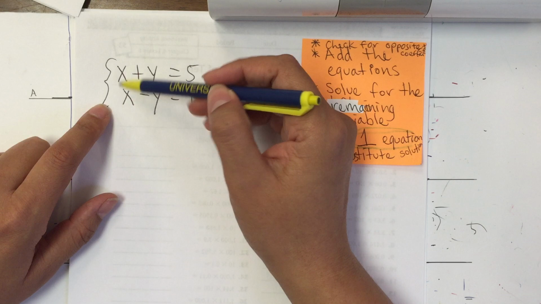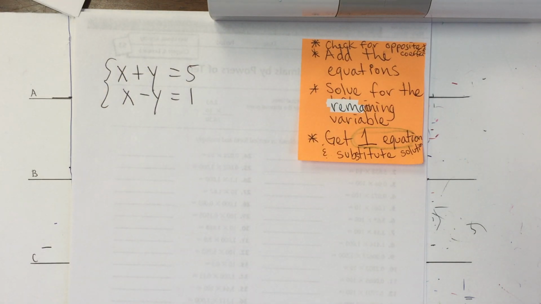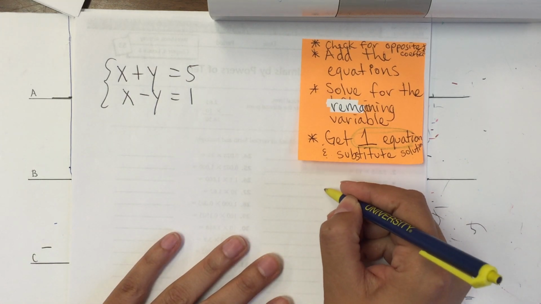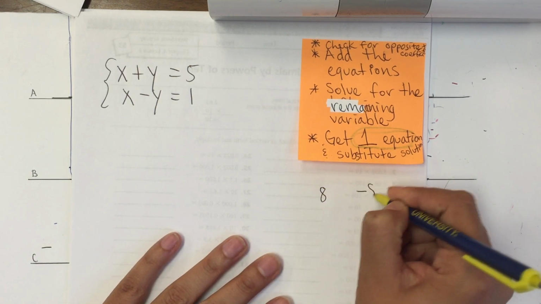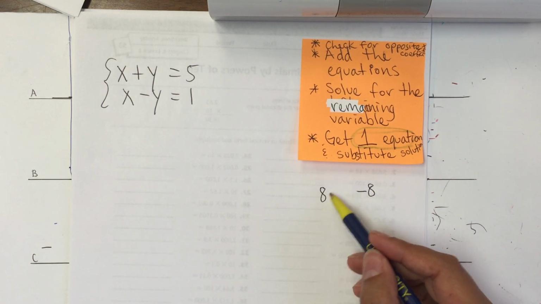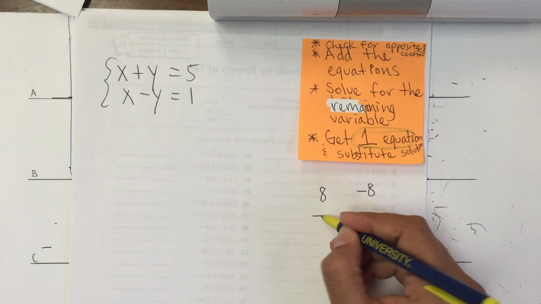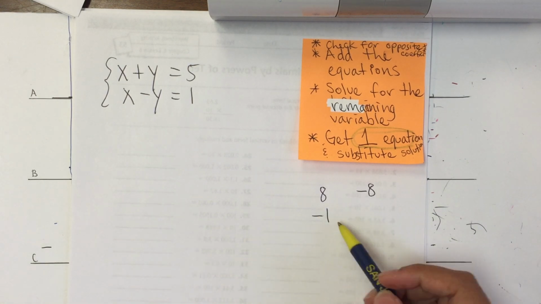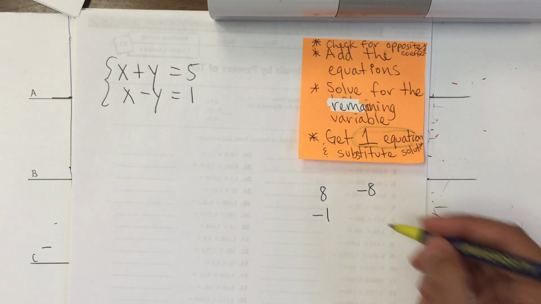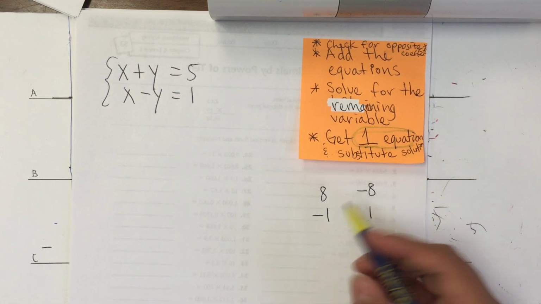Maybe I should go over what opposite coefficients are first. Opposites will be 8 and negative 8. When I add 8 and negative 8, they cancel and that equals 0. What would be the opposite of negative 1? 1, because negative 1 plus 1 equals 0.